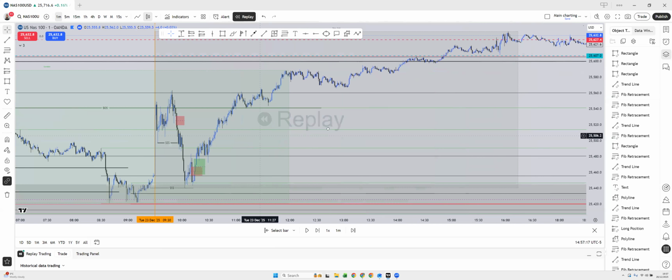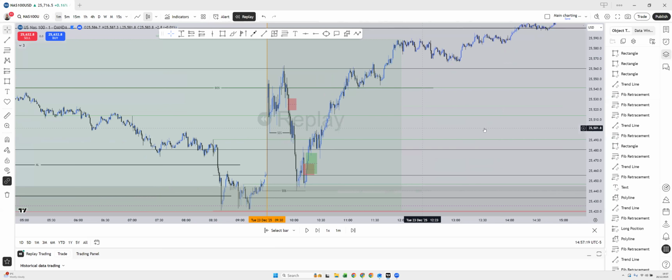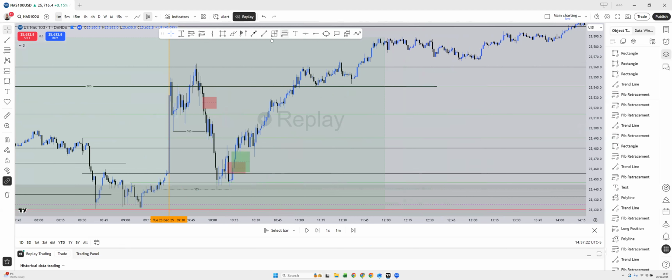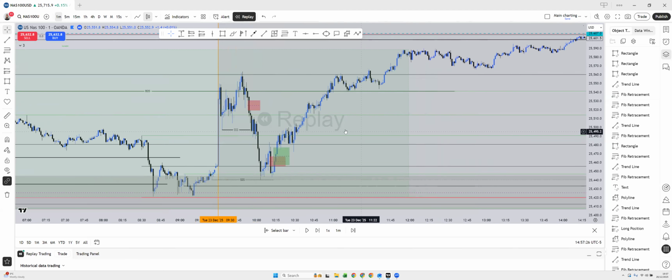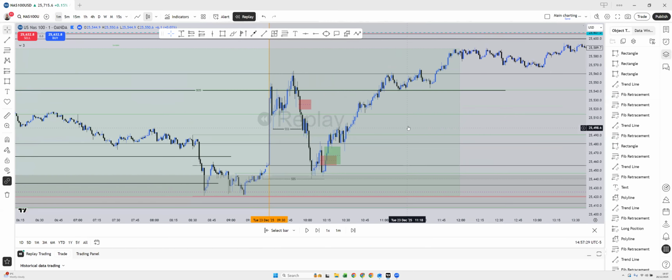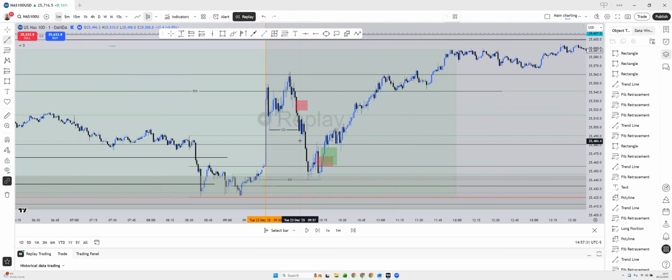So TPs would have been, basically just based on what we've done here, at the areas in which you would have probably got some trouble. I would have put TP1 here.